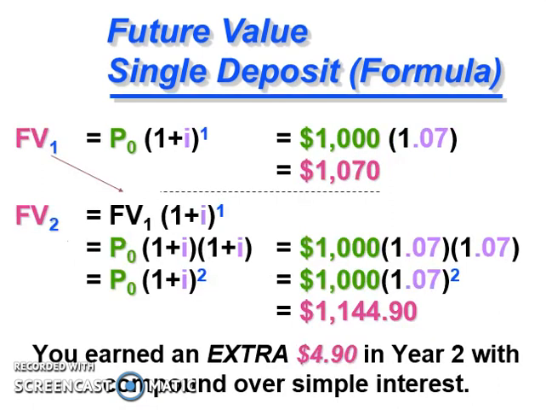So for the second year, if you see the second part of the question, future value 2 is showing that in this case, not just for 1 year, but for 2 years, the value has been calculated. So it is 1.07 power 2. It increases to 1144.90, which is actually greater than the previous simple interest value by around $4.90.